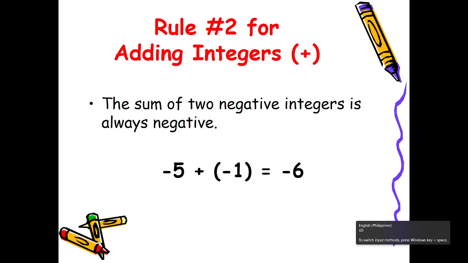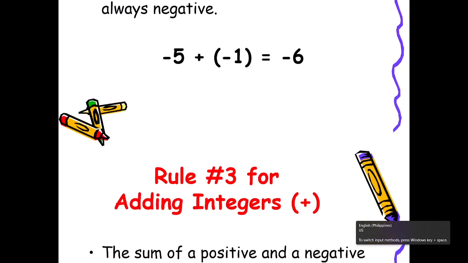Since they have the same sign, add 5 and 1. 5 plus 1 is 6. But since both are negative, the final answer should be negative also. So the final answer should be negative 6.